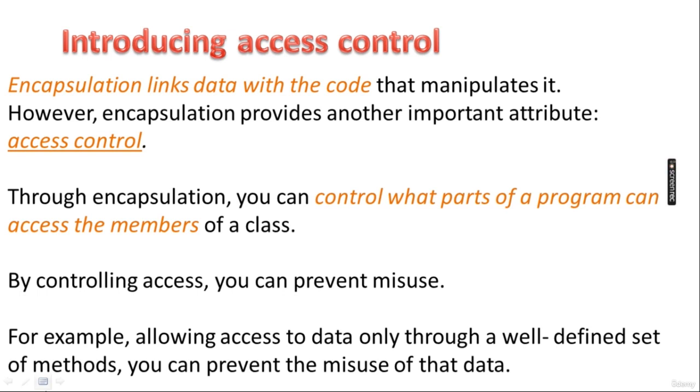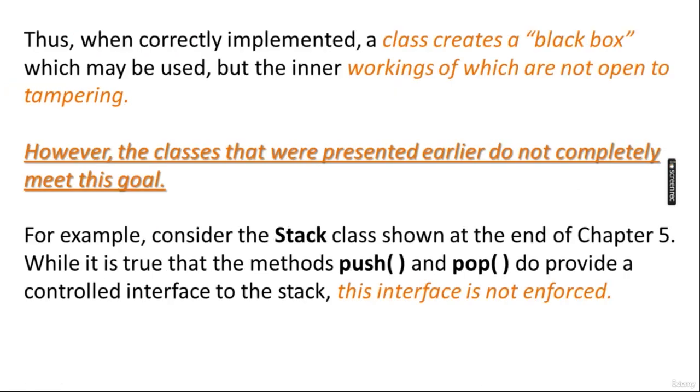For that purpose, you can specify access control. For example, allowing access to data only through a well-defined set of methods, you can prevent the misuse of that data. So not any third party can come and modify or directly access your data. That is very confidential.